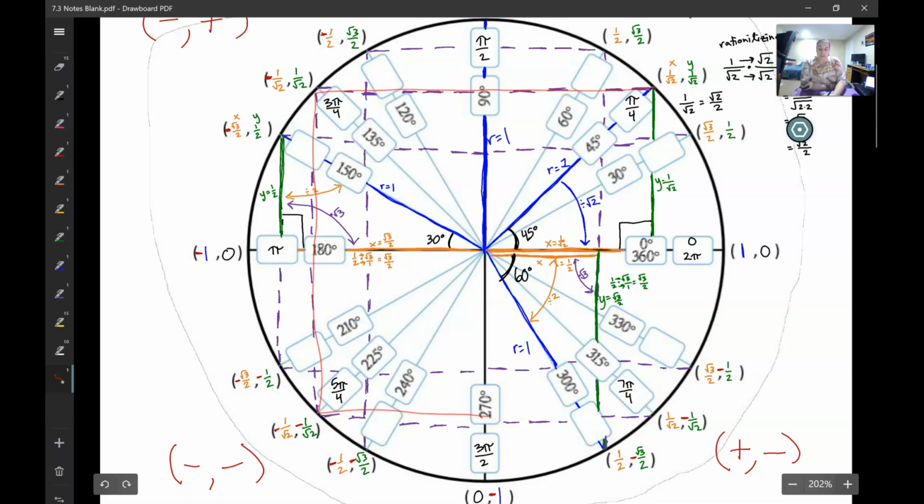Then you look at the numerator and it's just the odd numbers: 1 pi, 3 pi, 5 pi, 7 pi. So hopefully those patterns will help you memorize those radians.